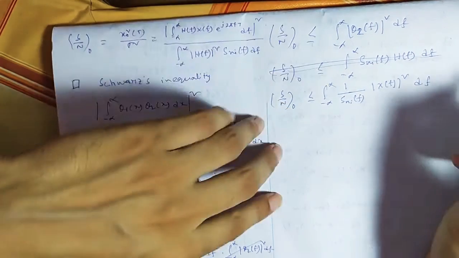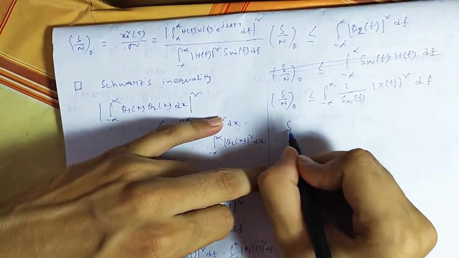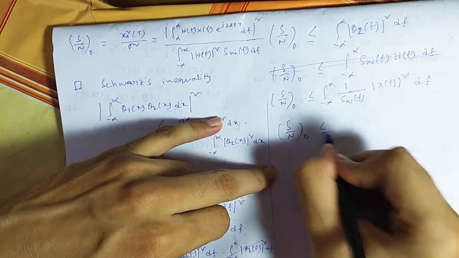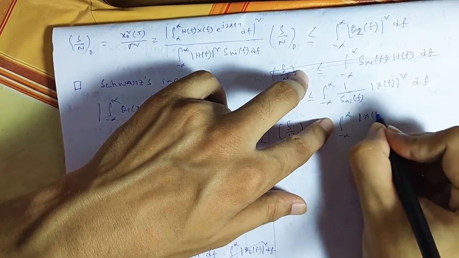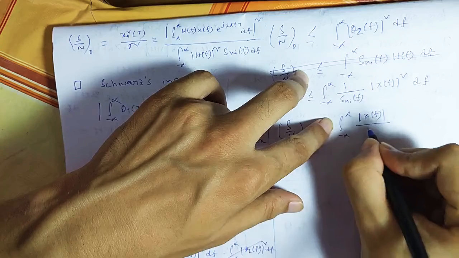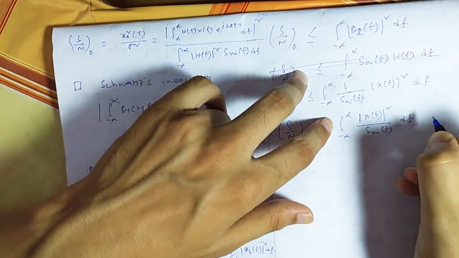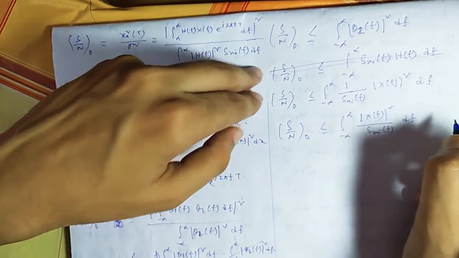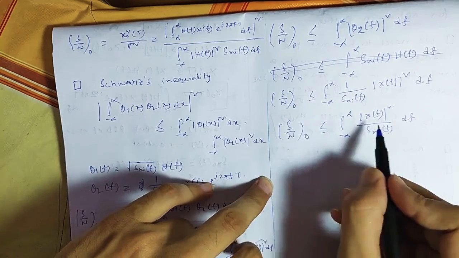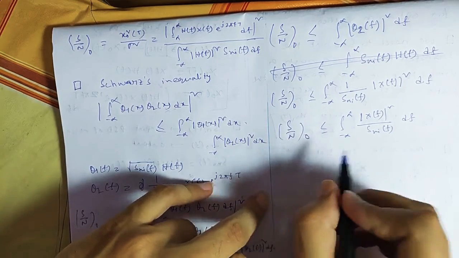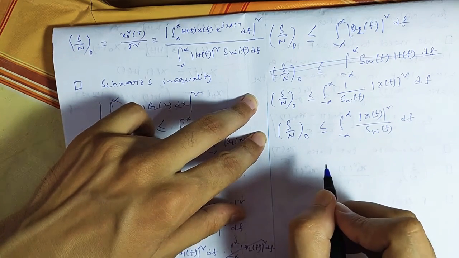So that will be the signal to noise ratio, or in compact form you can write S/N at output less than or equal to the integral from minus infinity to infinity. Now the maximum value is possible when this equals this, that is the maximum signal to noise ratio. Our goal is to maximize this signal to noise ratio.